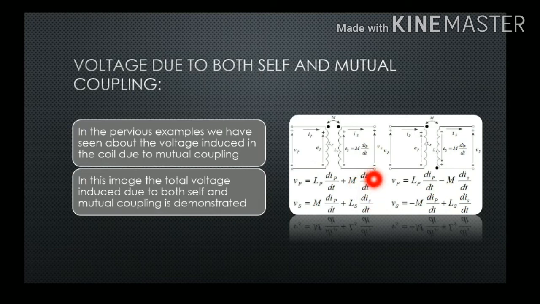This voltage expression is valid when the currents are entering the coils at the same time, and this represents the voltage induced in the primary coil due to the current flowing in the secondary coil. This expression shows voltage induced in the secondary coil due to the current flowing in the primary coil.